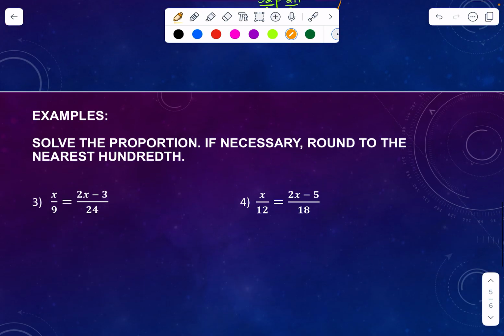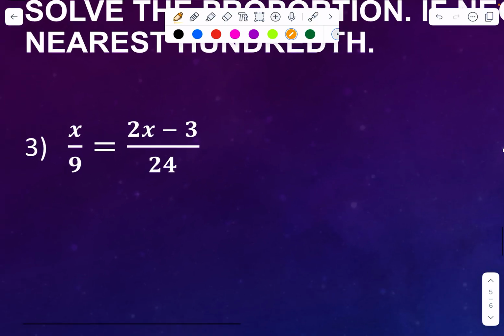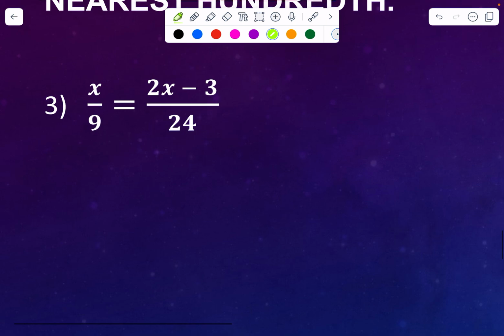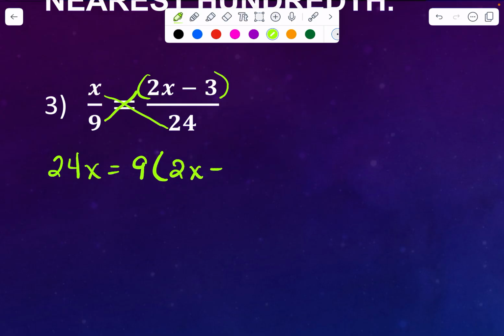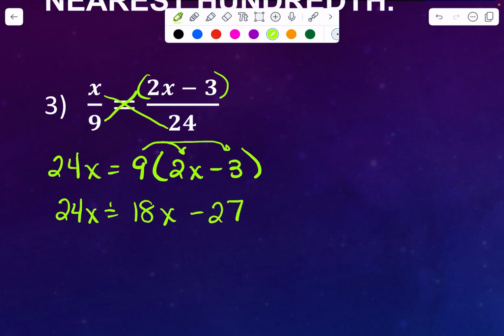Okay, let's try another one. On these, you'll notice you have more than one variable. Still going to do the same exact thing. So we're going to go 24 times x, and then we're going to take 9 times that quantity. Now at this point, we're going to distribute. 9 times 2x would get me 18x. 9 times negative 3 is negative 27.